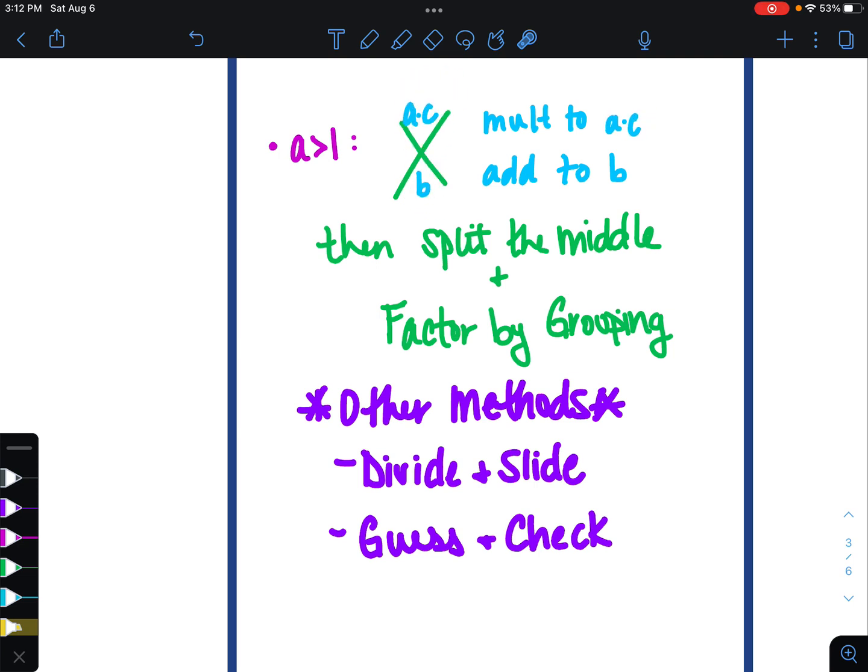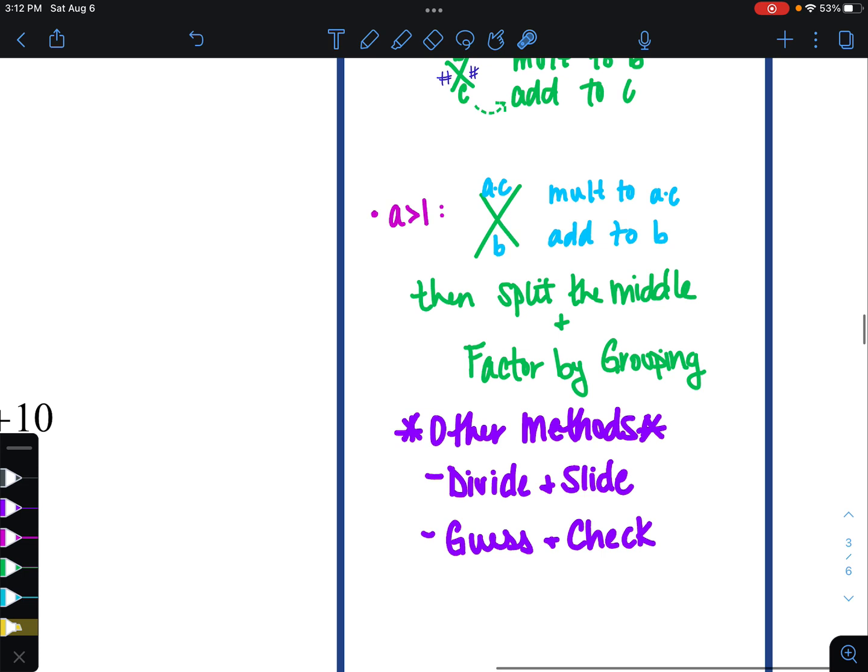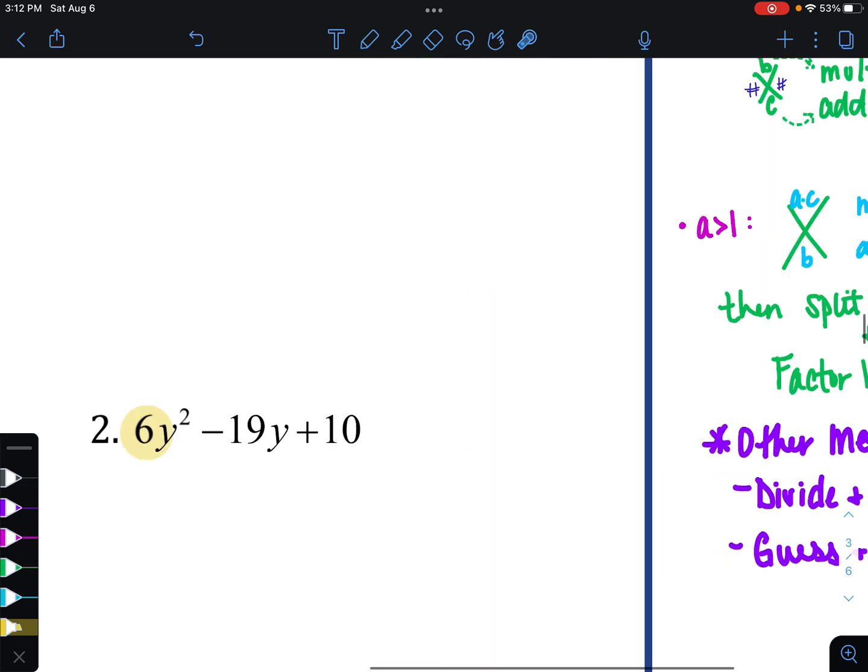So you're going to think of those 2 numbers that multiply to this, add to this, and then I'm going to follow the split the middle and factor by grouping method, which I'll show you in a second. There are, of course, other methods depending on your teacher or what worked for you. Maybe you learned divide and slide, you really like that. Maybe you just do guess and check, you really like that. As long as you can factor, I don't really care what method you use, but I'm going to use split the middle and factor by grouping.